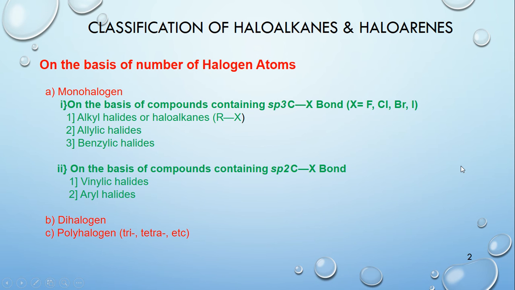Starting with the classification of haloalkanes and haloarenes. This classification is based upon the number of halogen atoms attached to the carbon atom. In that, the first class is monohalogen, dihalogen, and polyhalogen. Under monohalogen, you have subclasses, which we will see in the later part of the video.